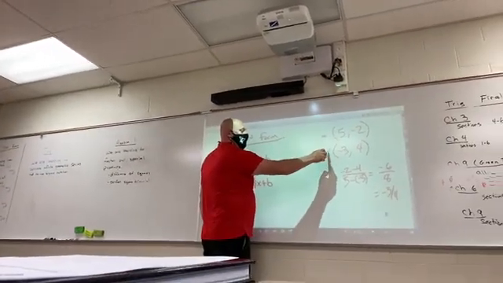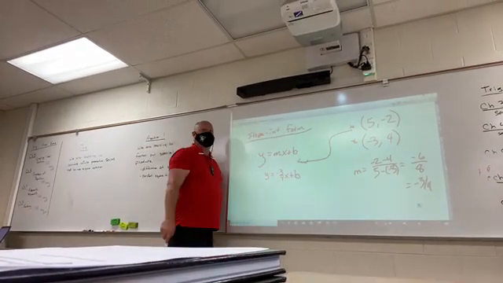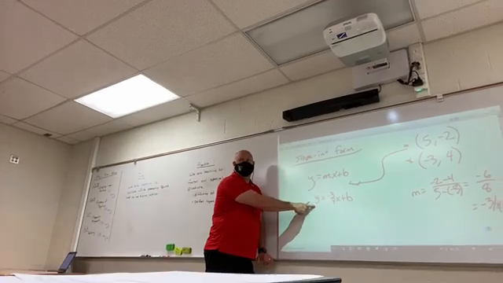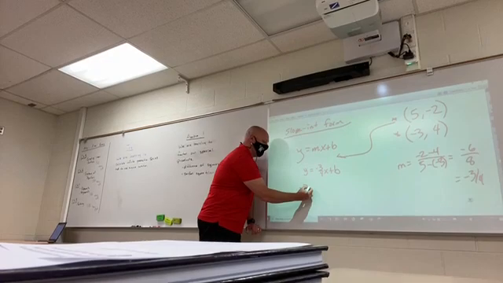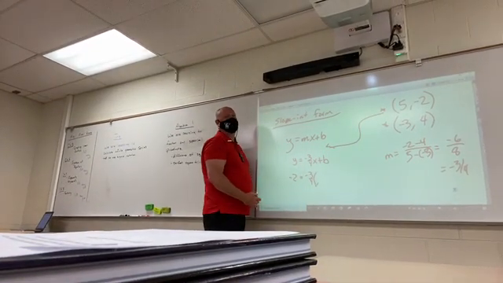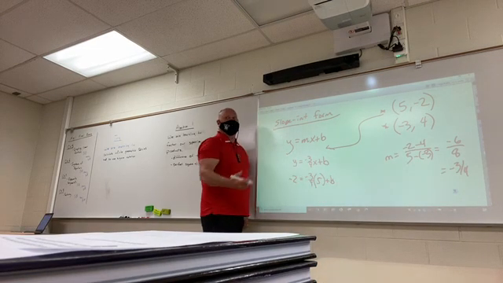Pick a point, either point, doesn't matter, and plug it in. So what would go in for y? Negative 2 equals negative 3/4 times 5. And then you would just solve that for b.